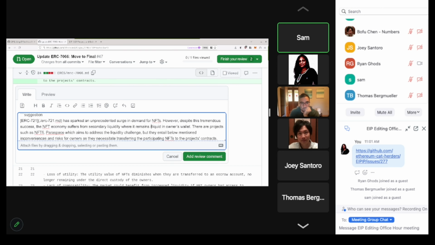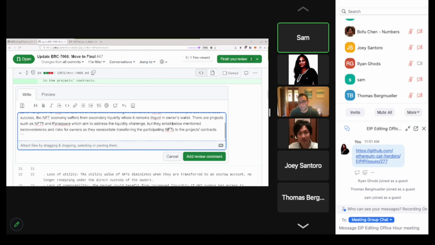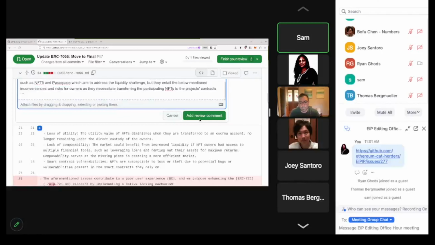There are projects such as NFT5 and Paraspace, which aim to address the liquidity challenge, but they entail the below mentioned inconveniences and risks for owners as they necessitate transferring the participating NFTs to the project's contracts. All right.